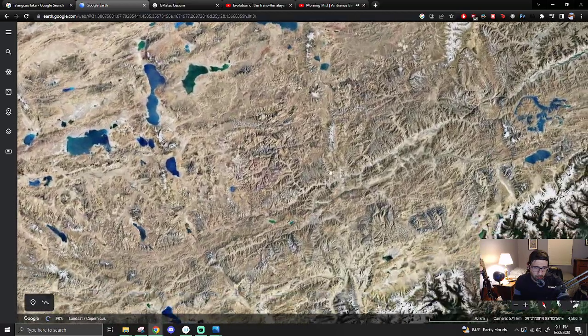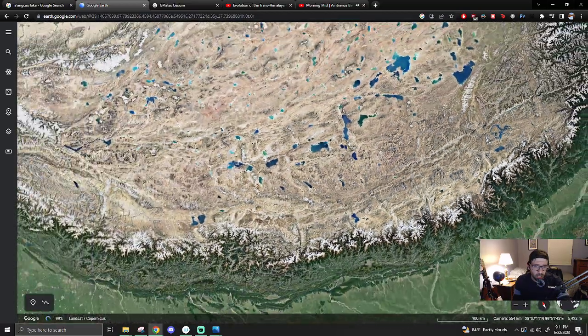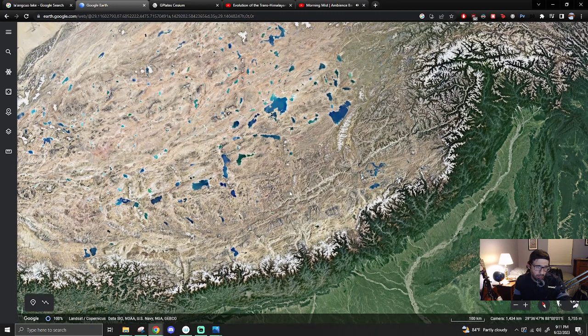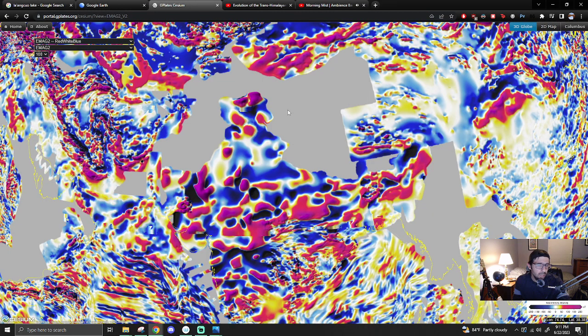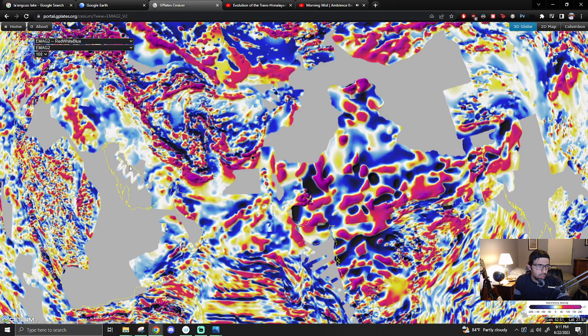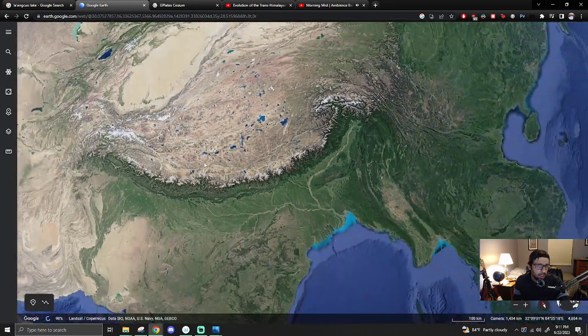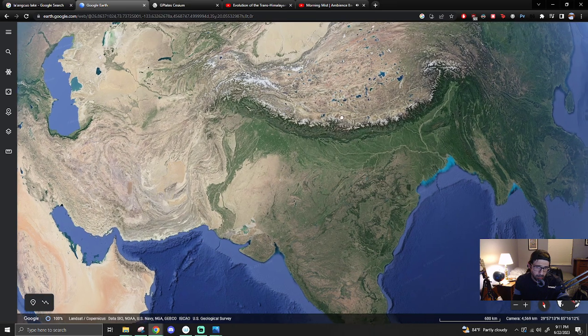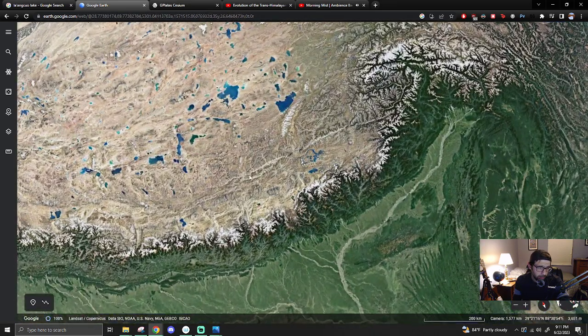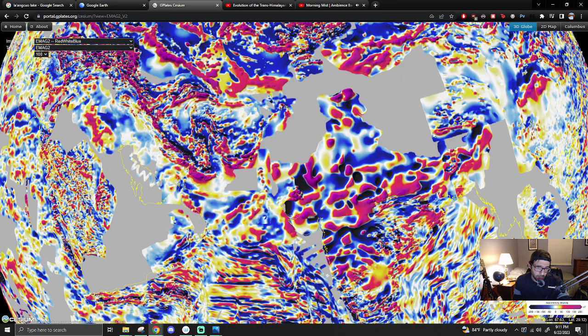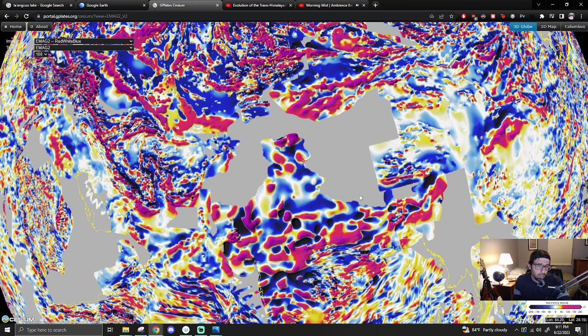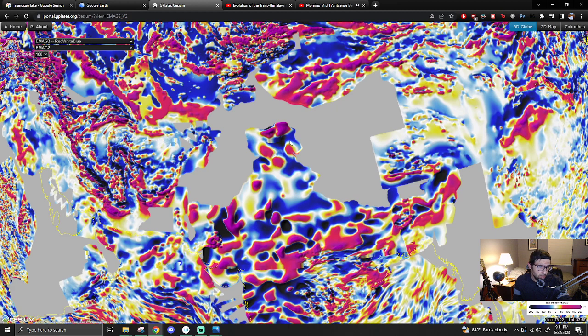I really don't see any. I guess this. It's probably that. Yeah, okay, so there's that. That's interesting. Maybe continuing. But we got the lakes. We got Mount Kailash also along this boundary.